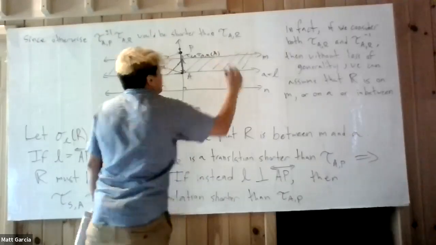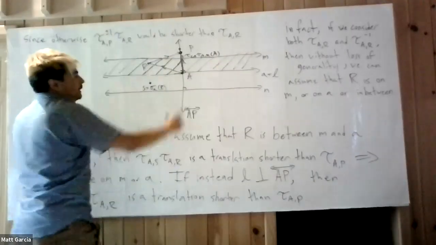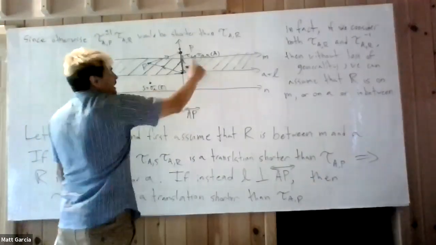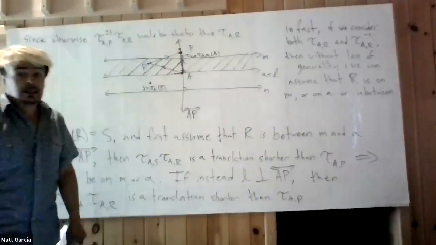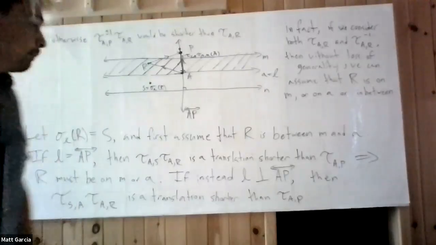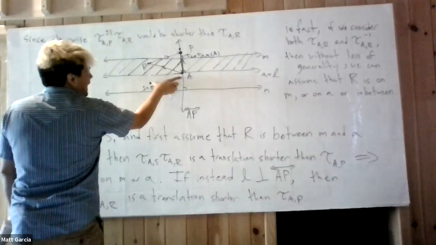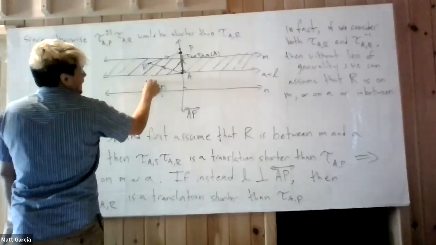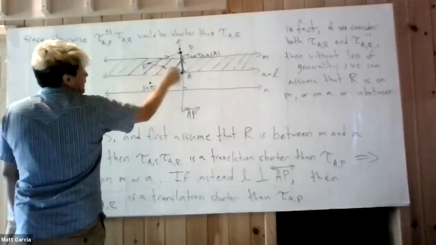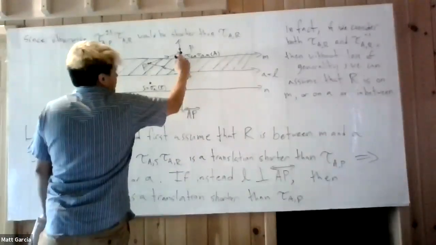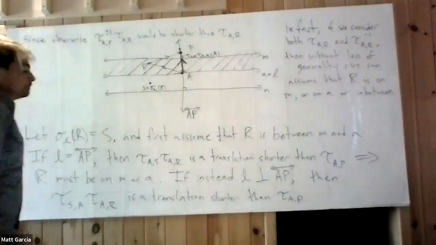of A. And you can see that the length of this composite translation is again less than the translation from A to P, right? Just by taking this vector from S to A and putting its tail at the head of the vector from A to R, right? And then I get this translation.